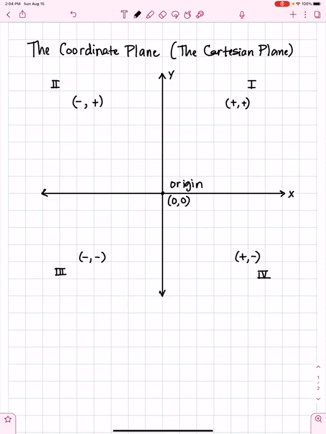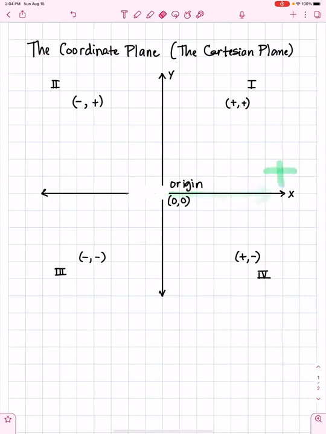Okay, now another thing that is important to remember, that for some reason students have a lot of trouble with, is if you're moving anywhere to the right of the origin, okay, so let's use our highlighter here. All of the x values over to the right of the y-axis are positive, okay?